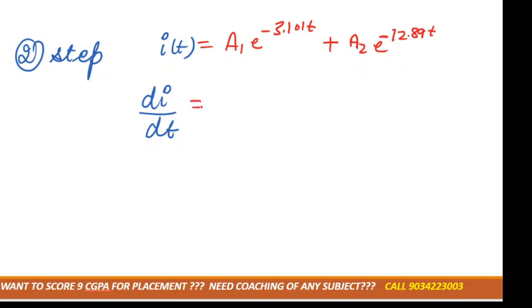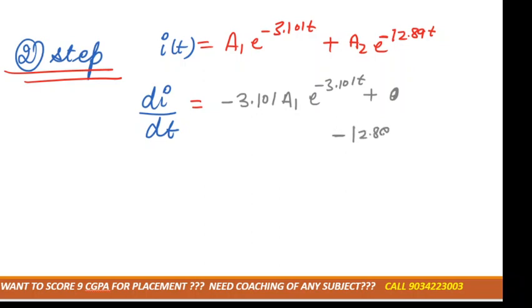Now differentiating this equation in the second step for the second equation, that would be minus 3.101 A1 e raised to power minus 3.101 t plus minus 12.89 A2 e raised to power minus 12.89 t.